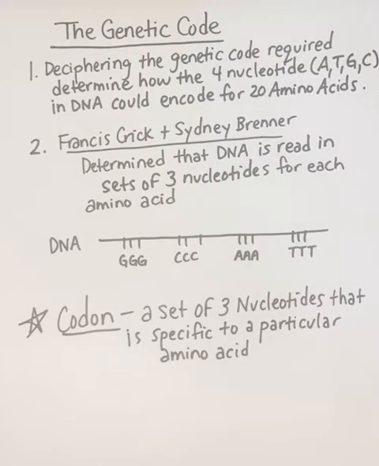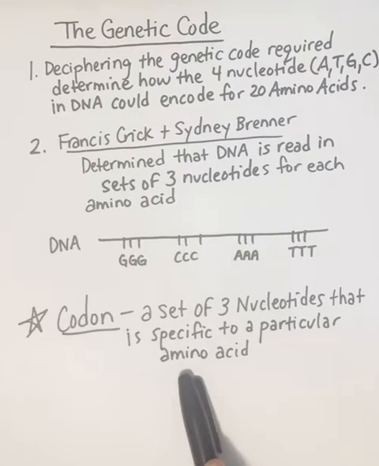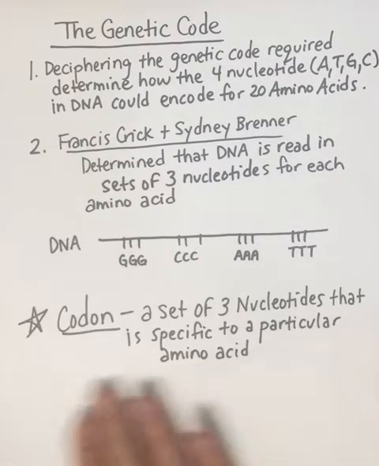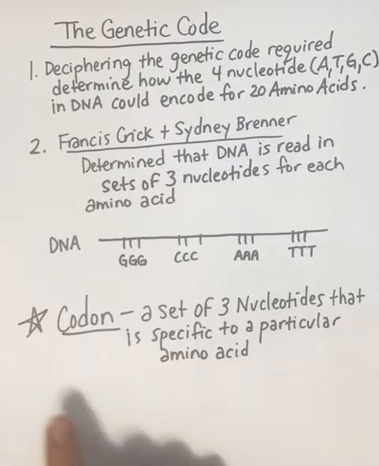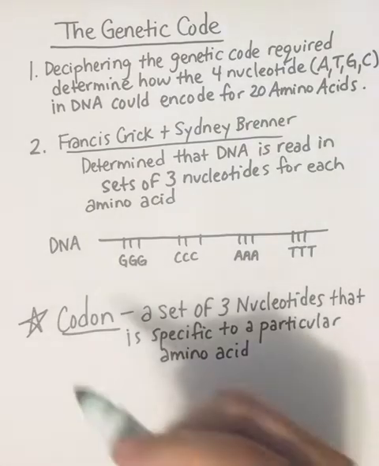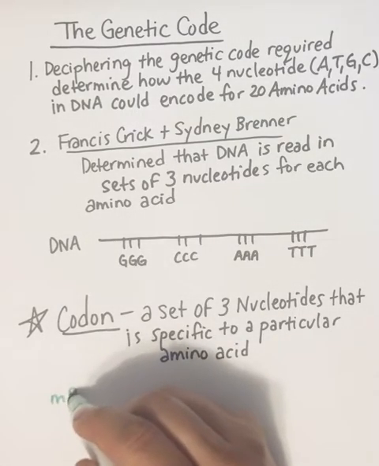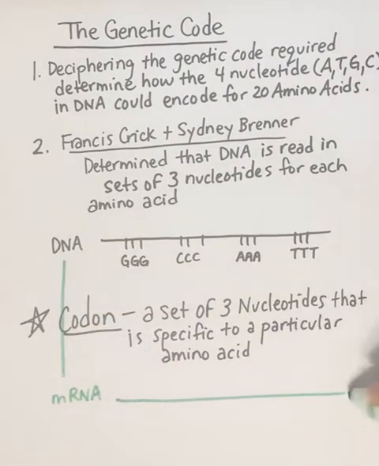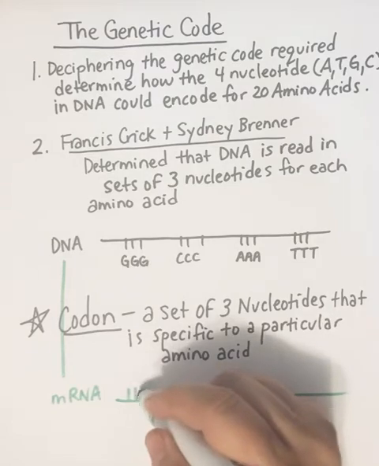Now we know that during transcription we have to have mRNA to basically figure out your amino acids. So even when we use DNA, we have to understand that you have to transcribe your DNA into RNA. So during transcription, when you produce your mRNA, these are going to be complementary to DNA. These are also read in codons.